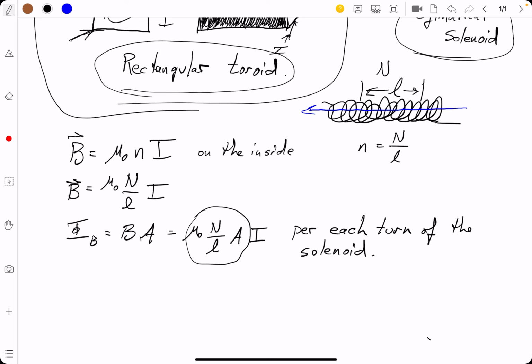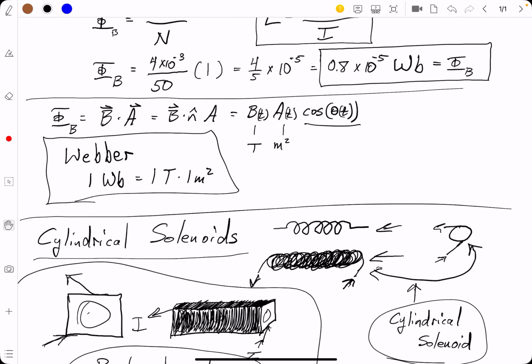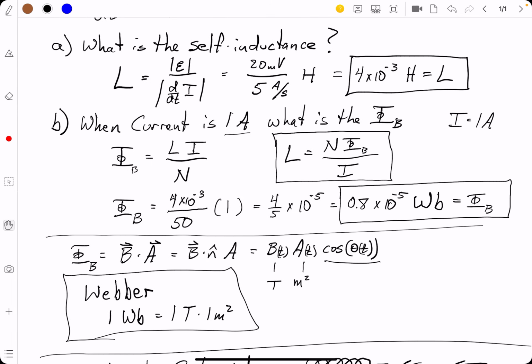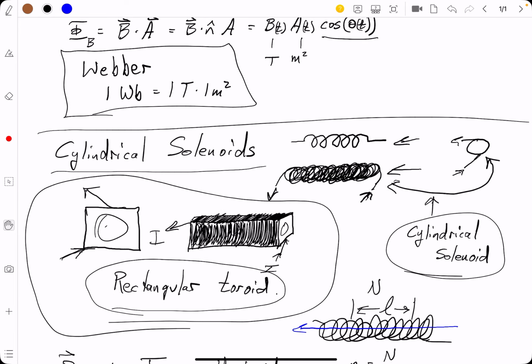So we're going to get clever and use our new equation, which I just wrote up here for you in the big box.